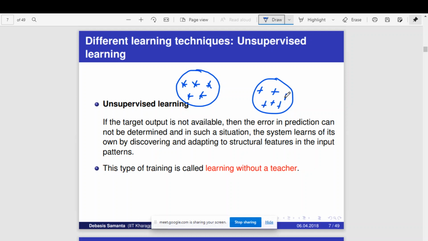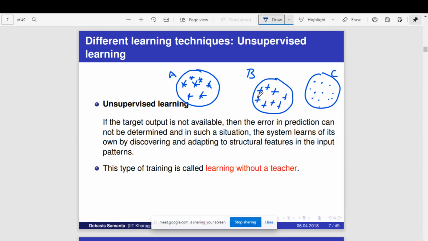It does not know the exact name of this category, but it says all these are similar items, I will call this category A. All these are similar items, I will call this category B. Maybe all these are similar items, I will call this category C. So based on the features of the data set, it will group into different categories. That type of learning is called unsupervised learning.